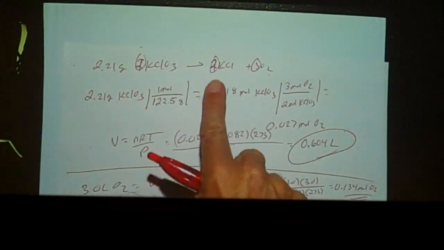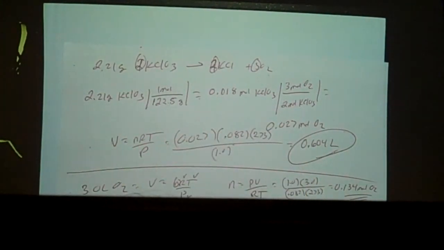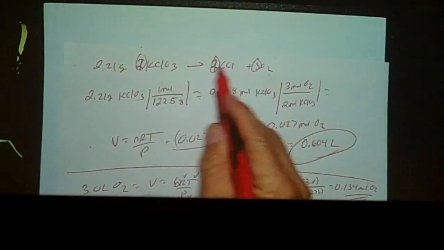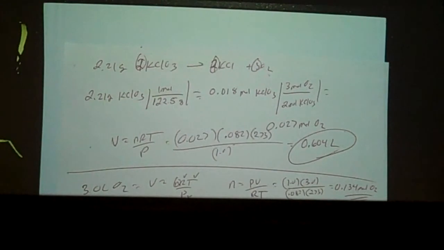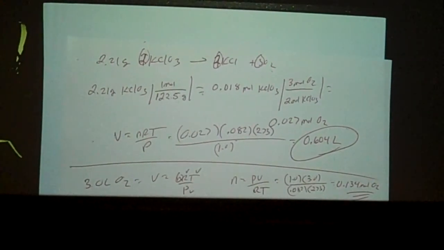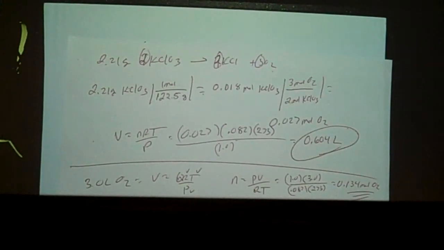Well, let's use our stoichiometry. 0.134 moles of O2. I see from the balanced equation that 3 moles of O2, so it'll cancel out, needs 2 moles of KClO3. That is a true statement. Moles of O2 are going to cancel out. Now it's going to give me moles of KClO3, and I know that 1 mole of KClO3 is 122.5 grams of KClO3.